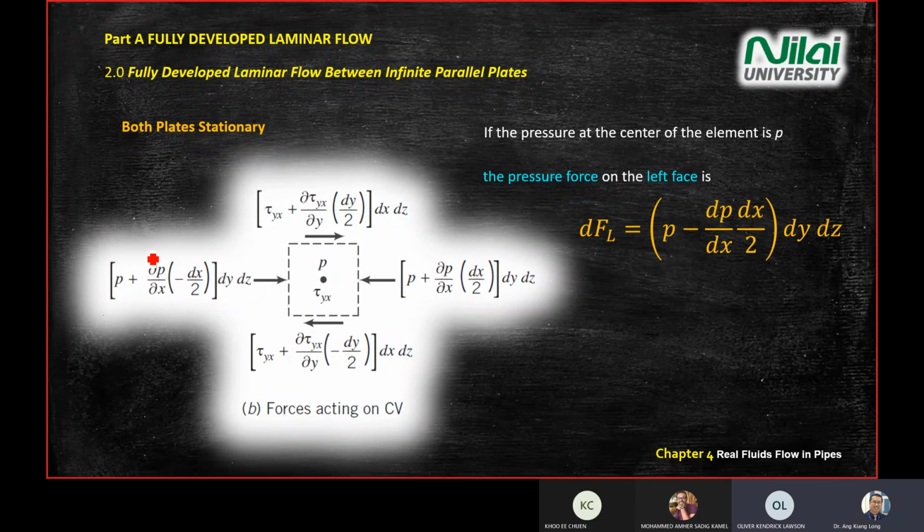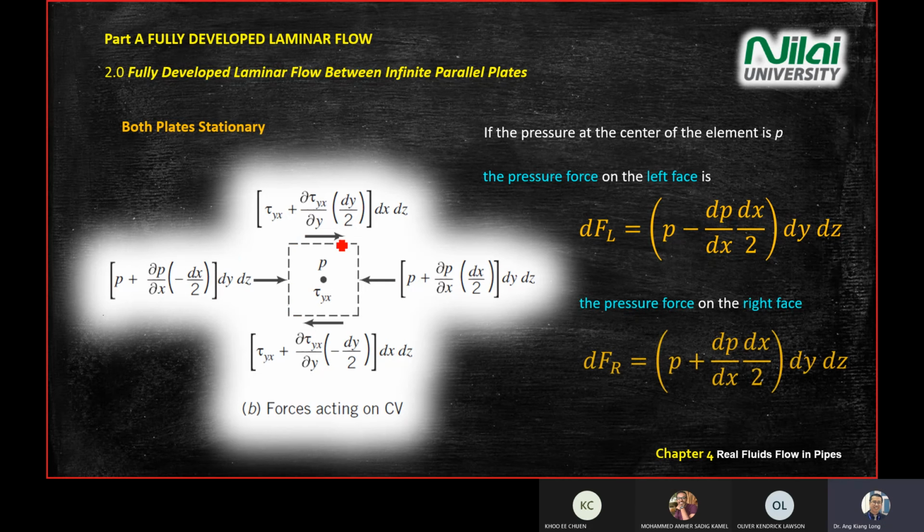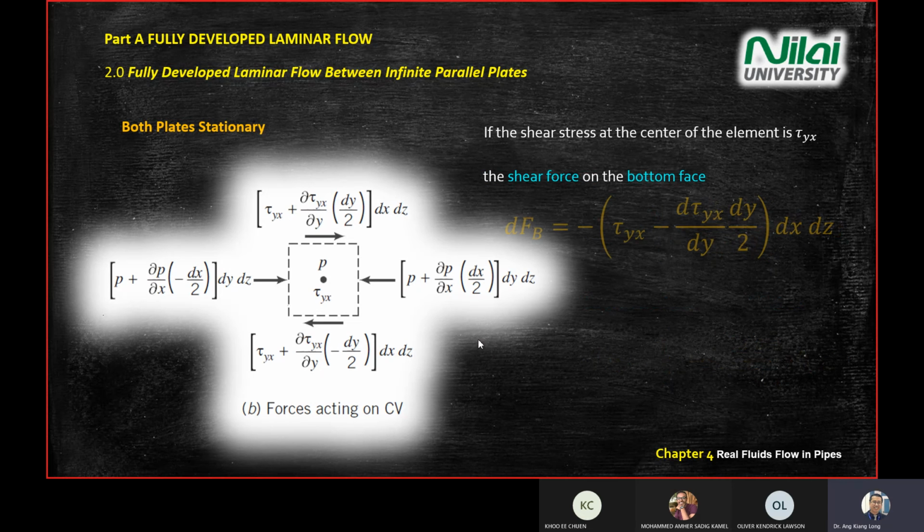So this component on the left, we write DFL. It means pressure force at the left-hand side, left face. We get this term. Pressure on the right-hand side, we get this term. We write as DFR, right face, this one. And then the shear stress at the bottom, given by this component, we write as DFB.